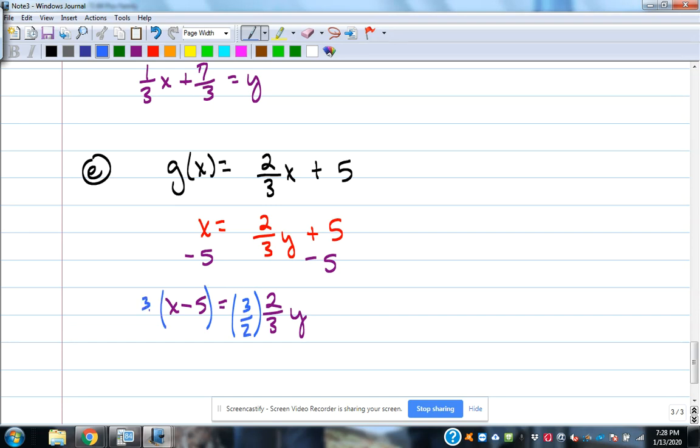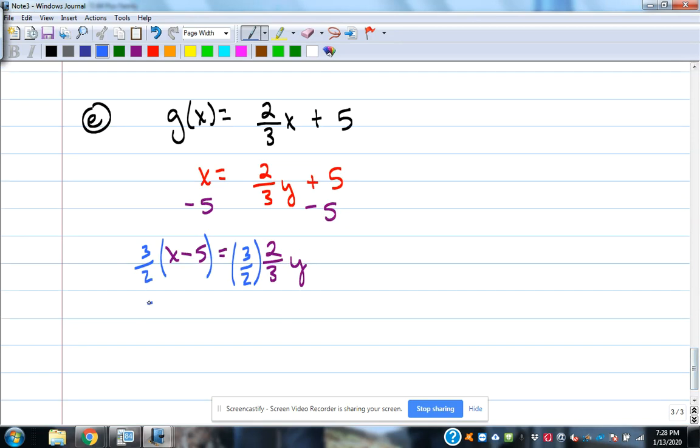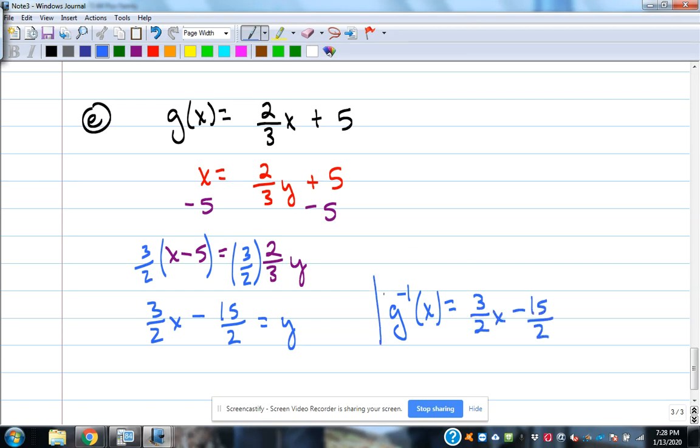Anytime it's fractions, I always just do it that way. And then distribute that 3/2. So that's 3/2 x minus 15/2. And then we're going to write it in function notation. g inverse of x is equal to 3/2 x minus 15/2.